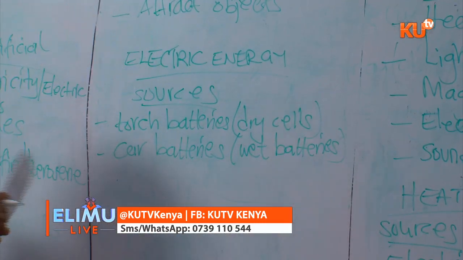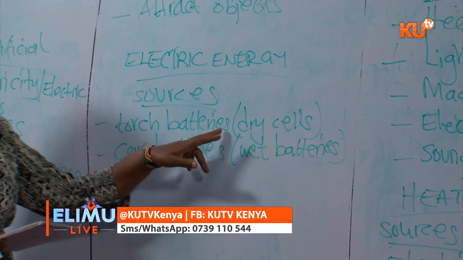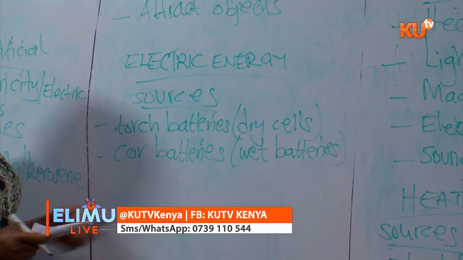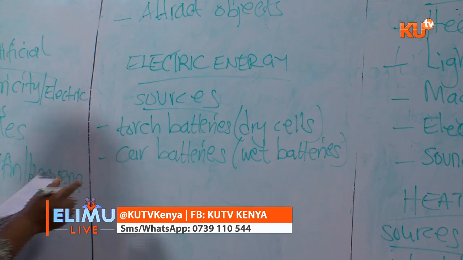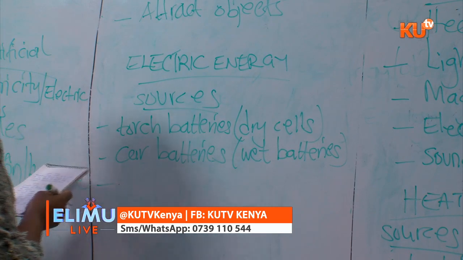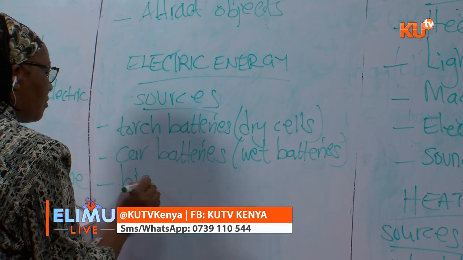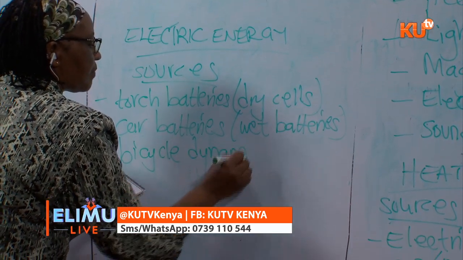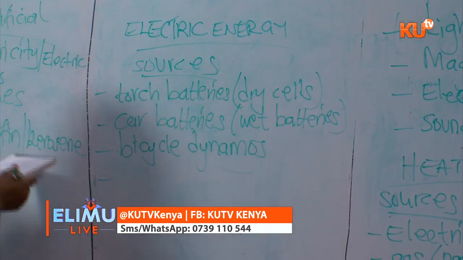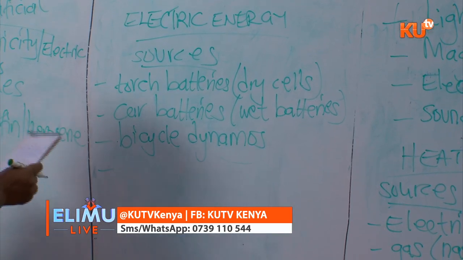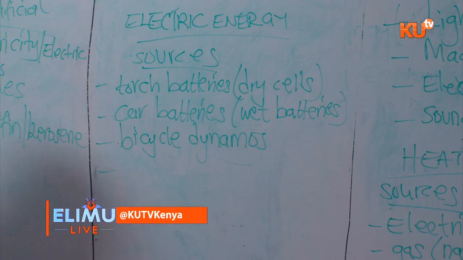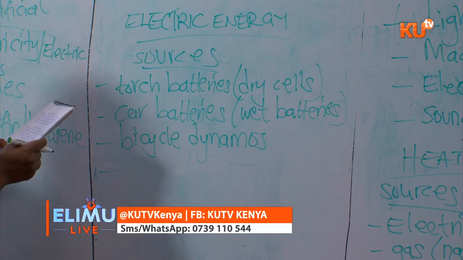The difference is that we use a dry chemical in the dry cells and we use a liquid in the car battery. That is why it is a wet battery. Then we have bicycle dynamos. The bicycle dynamos help to create some light in the bicycle.